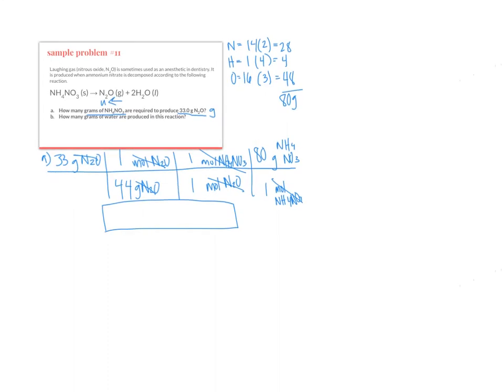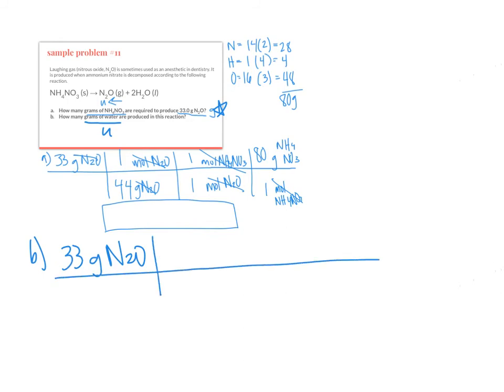Part B says, how many grams of water, that sounds like an unknown to me, are produced in this reaction? So we have the same given. So this is part B. And we have 33 grams of N2O. And if you have that on top, you have that on bottom.